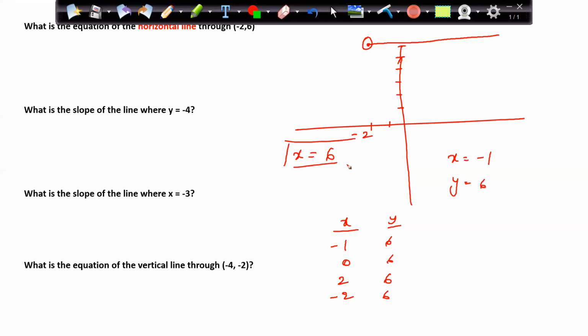So how can we write this equation? What do you think? What will be the equation? When my value of x is any, let's say my x value is 0, my y is 6, right? So x plus 6 equal to y. Is this the equation? I don't think so.